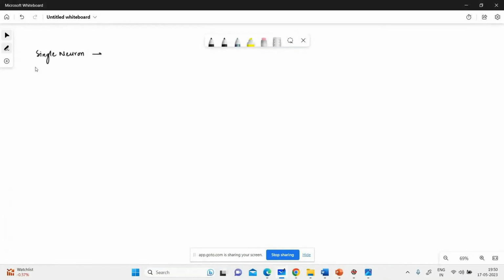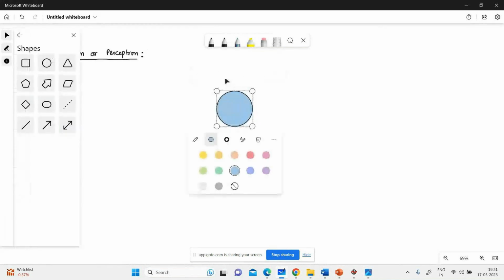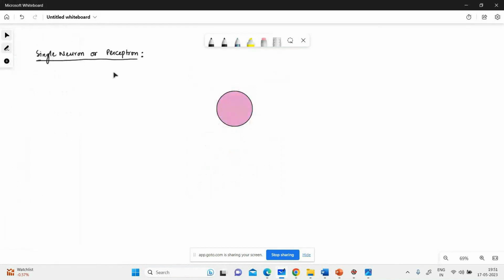Let's start with the perceptron concept, which is also known as a single neuron. Let's imagine that this is your neuron, and to my neuron we'll be having multiple inputs.